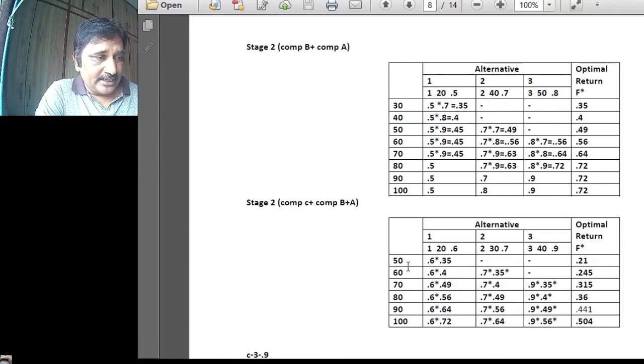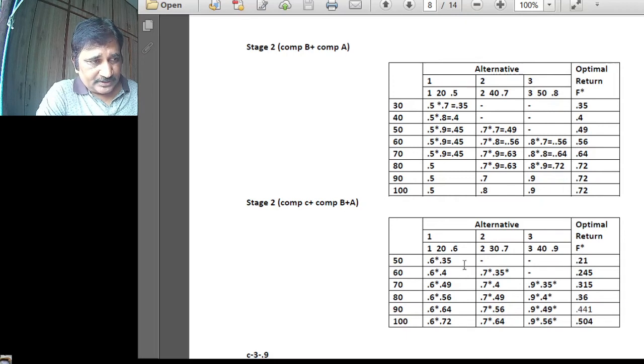Because if you assume that you have 50 rupees, 30 are gone for the second alternative, you are left with 20, and 20 is not available in the previous stage. So if the optimal return for a certain value is not available, then you have to write a dash there.